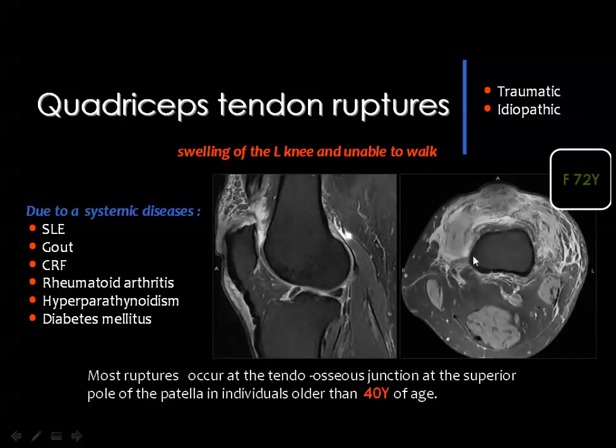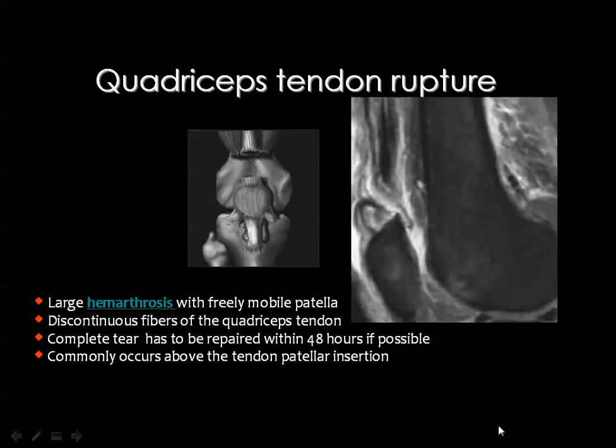Also, you can see the soft tissue edema and contusion surrounding the tendon. Another example of quadriceps tendon rupture, at its usual site, which is the attachment to the upper wall of the patella.